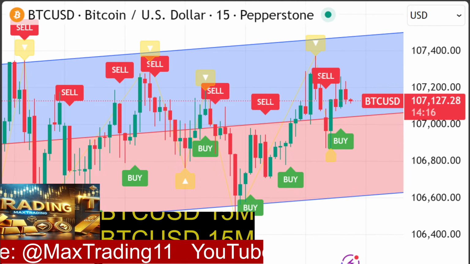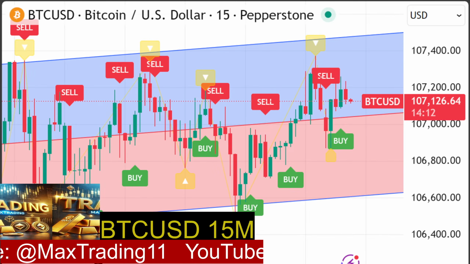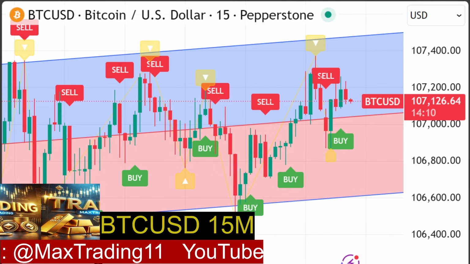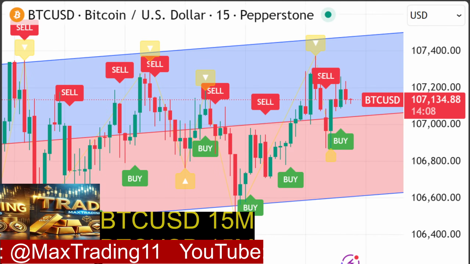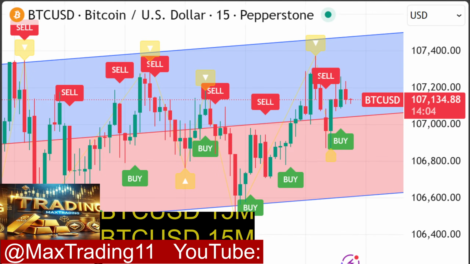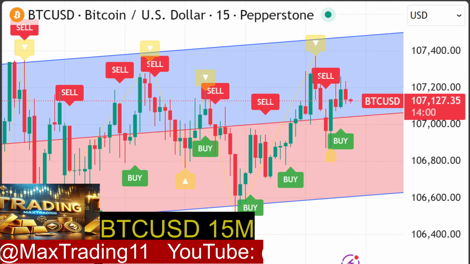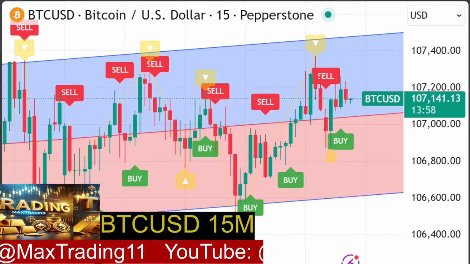Reading the charts: the technical framework. Every trader needs a system, a structured way to interpret the market. Let's go over the most essential tools you should master. One: price action and market structure.